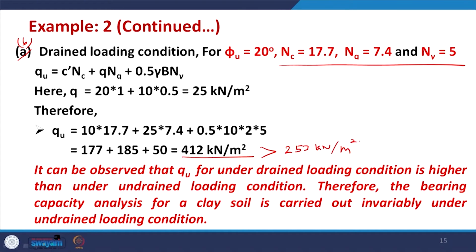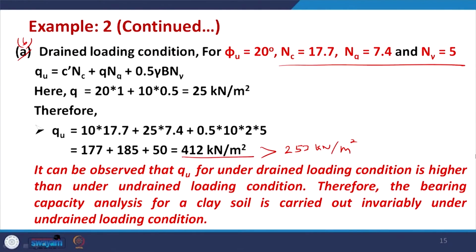So what is our outcome? It says that when you drain out the water, the ultimate bearing capacity has increased. The simple reason is that now you have the angle of internal friction coming in as an effective parameter, though there is a decrease in the value of c.